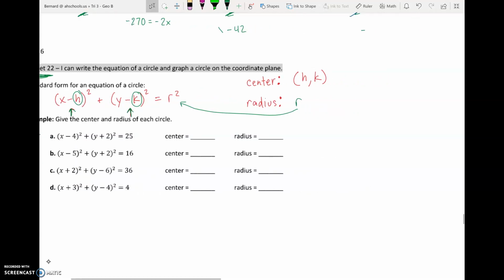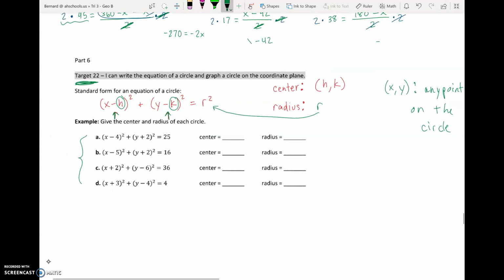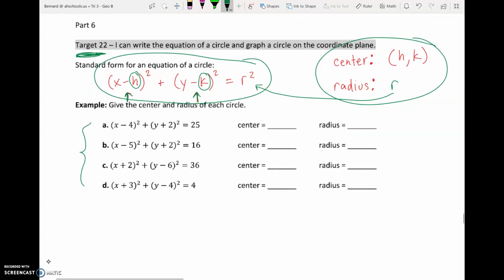And then the x and the y in our parenthesis parts, I don't want to confuse this too much, but that stands for just any point on the circle. And so we'll use that a little later on in this lesson, but for now our focus is on the equation and can we figure out center and radius, and then also work forwards and backwards. So if we know the center and radius, can we write the equation?